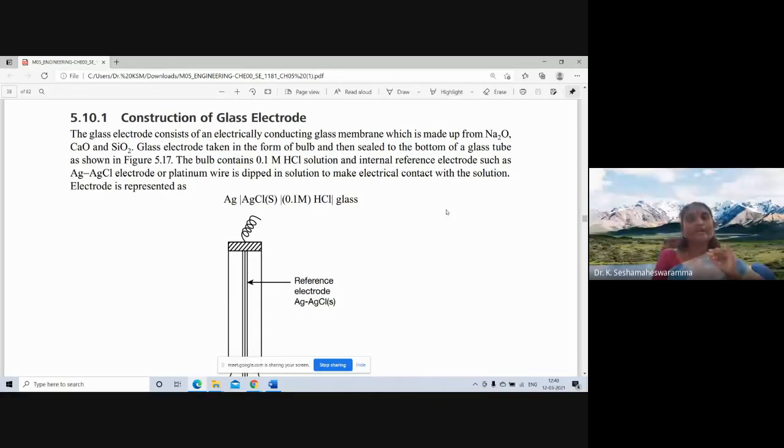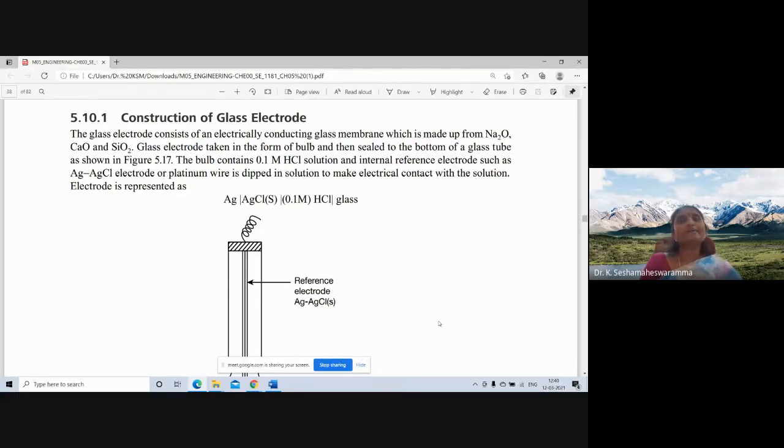The glass electrode is taken in the form of a bulb and then sealed to the bottom of a glass tube, as shown in the figure. The bulb contains 0.1 M HCl solution, and an internal reference electrode such as a silver chloride electrode or platinum wire is dipped in the solution to make electrical contact.